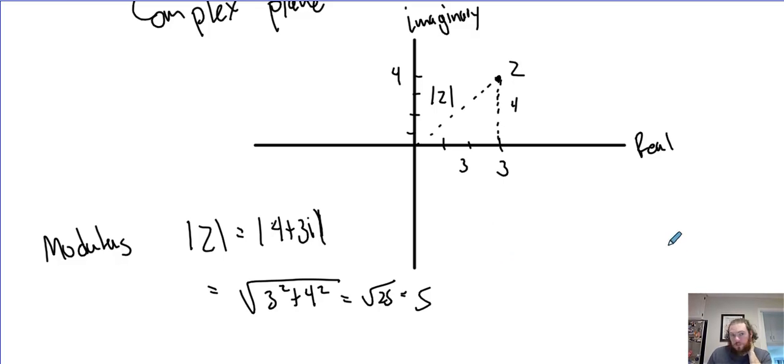So there are a variety of forms in which we can represent these complex numbers. The first one we've talked about is the Cartesian form, z equals a plus bi.